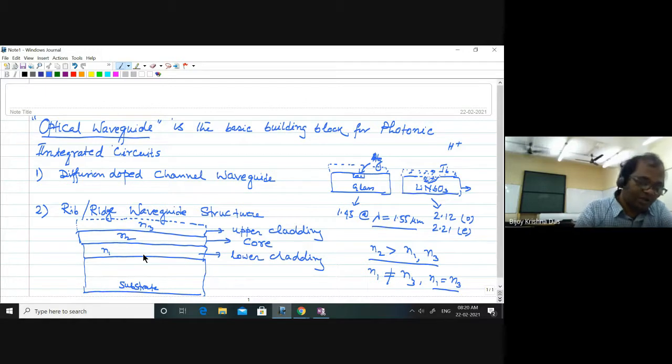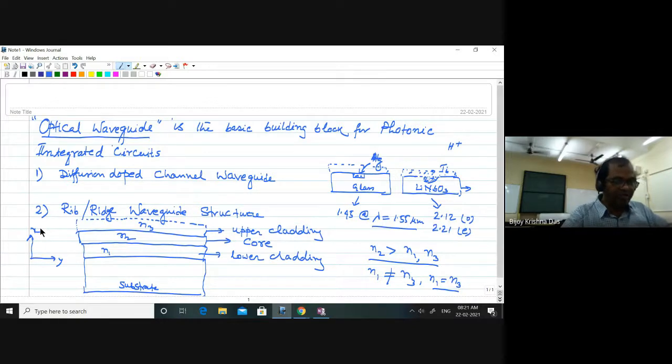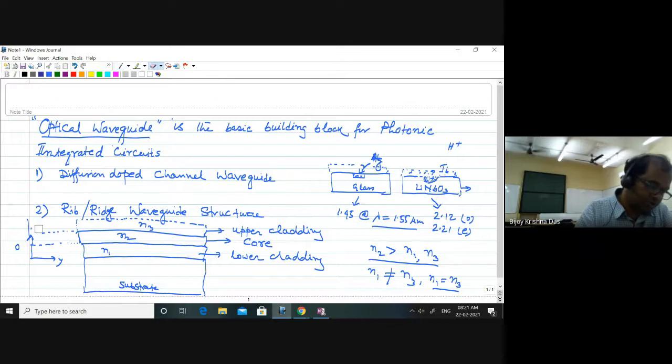Planar means you have a planar core that is stretched in 2 dimensions. If this is the y and this is the x axis, then this planar structure you are thinking about in the yz plane. Okay, x is the vertical direction. You can consider this is 0, and this is some thickness, say d, in the x direction.